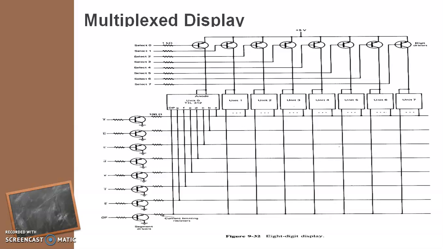After it is lit up, if it is switched off and the next LED is lit up, your eye will not differentiate, provided the processor refreshes at a very fast speed, which can be done through programming. Therefore the power consumption will be reduced.